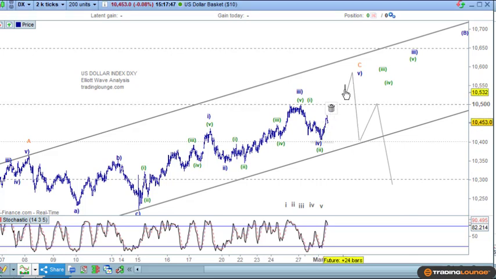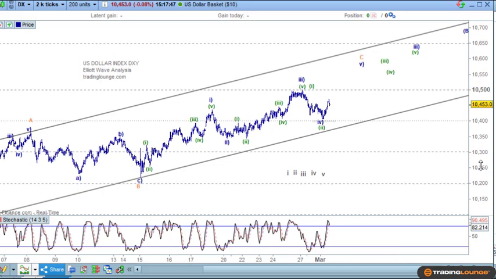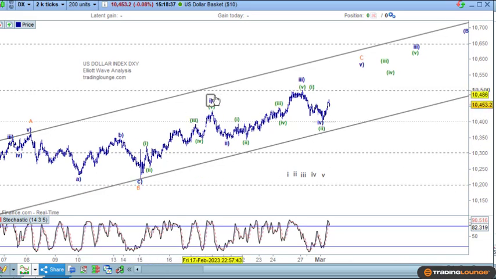If that was the case, we would have this as wave B here with 1 and 2, and then 1 and 2. So we would be in the third of the third, and very shortly, with this pushing up here, we're going to be in the third again. So we're going to be in the third of the third of the third here. So that should push off really strong. So let's just wait and see.